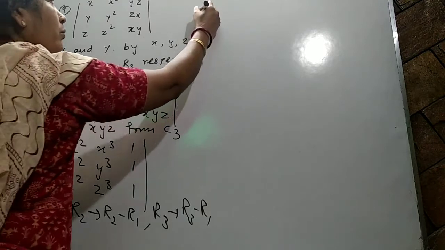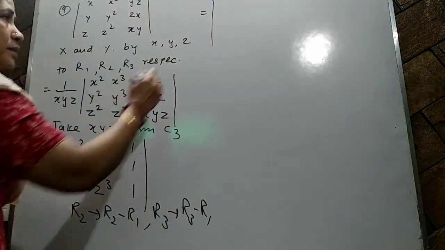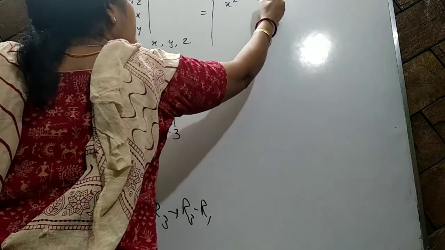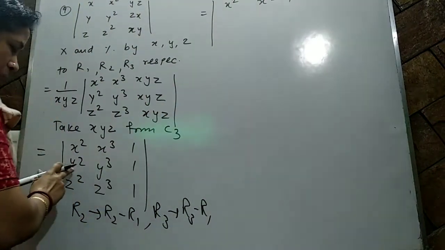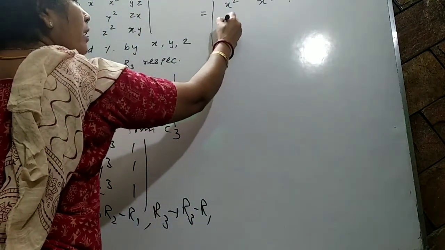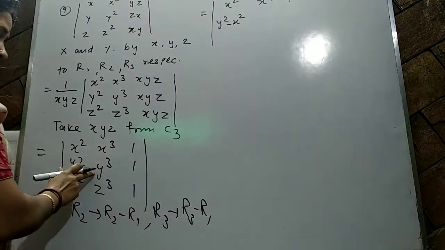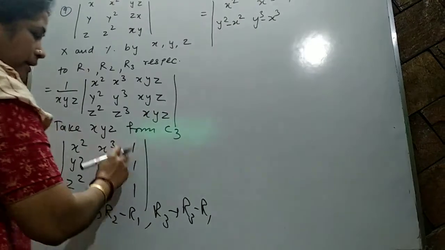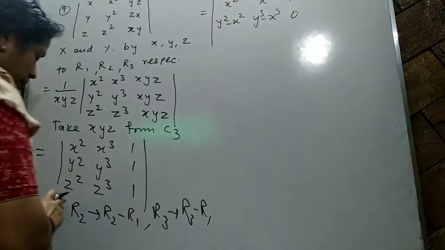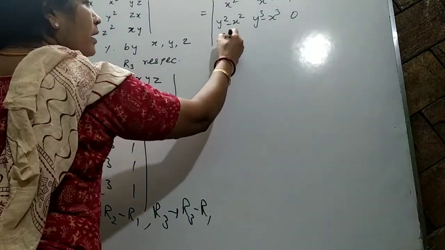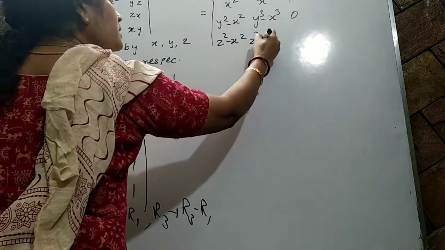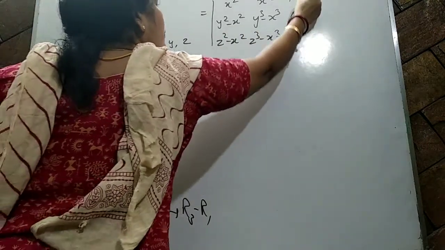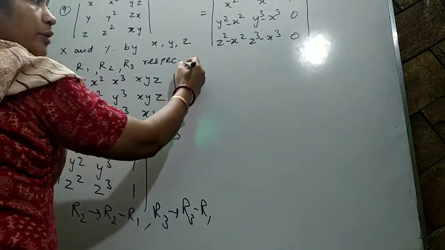Now that is equal to, first row the same: x square, x cube, 1. Then second row: y square minus x square, y cube minus x cube, and 1 minus 1, we will get 0. Now z square minus x square, z cube minus x cube, and 1 minus 1, we will get 0. Of course, we can use the formula.